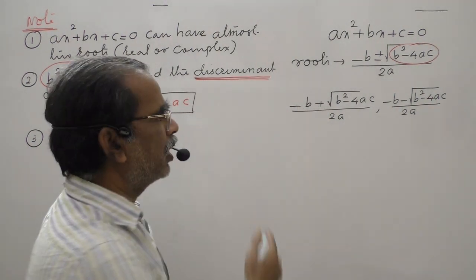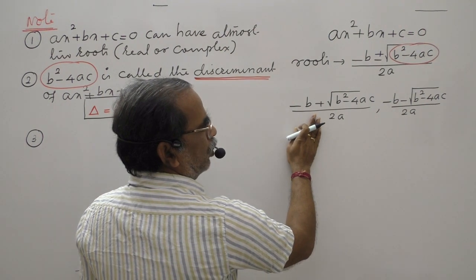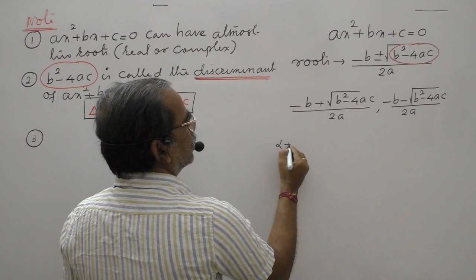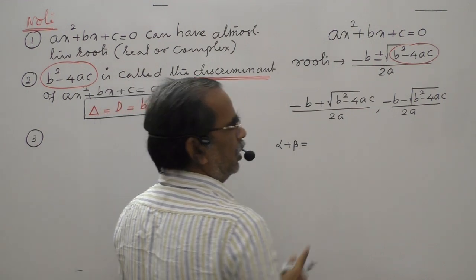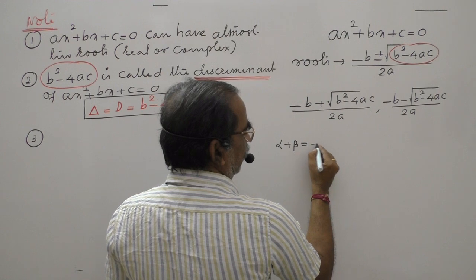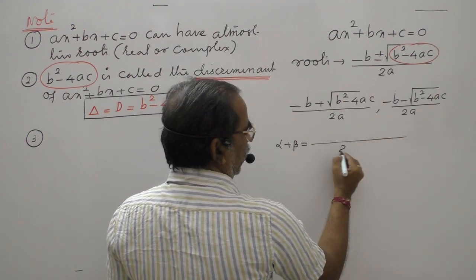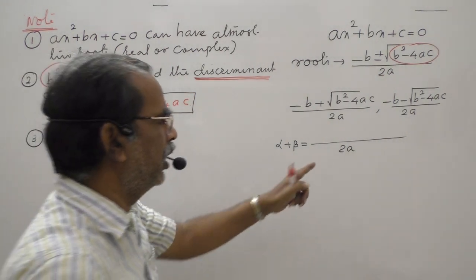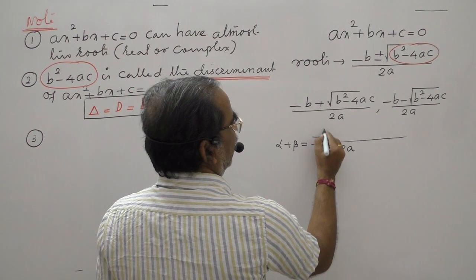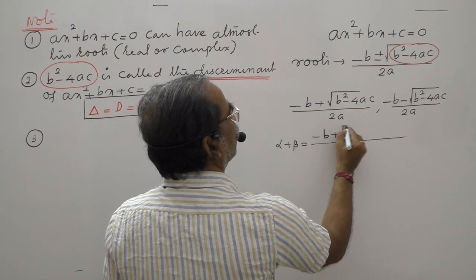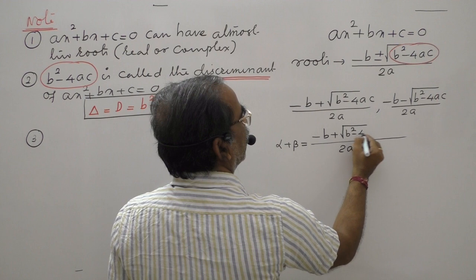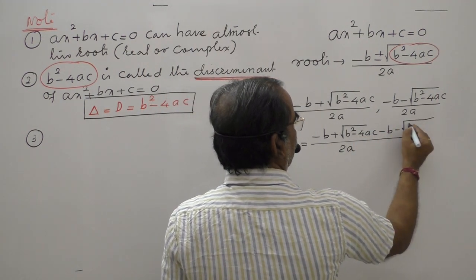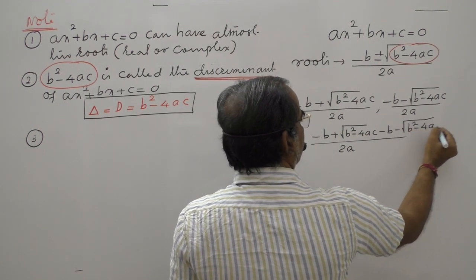Now we will see their sum. Suppose this root is alpha, this root is beta. What is the sum of these 2 roots? Let us see. Both are fractions with the same denominator. When you are adding these two, you are supposed to take the LCM. LCM is 2a. So we will get minus b plus root over b square minus 4ac minus b minus root over b square minus 4ac, over 2a.